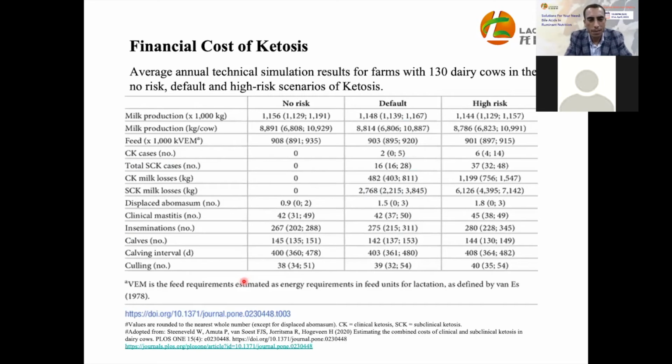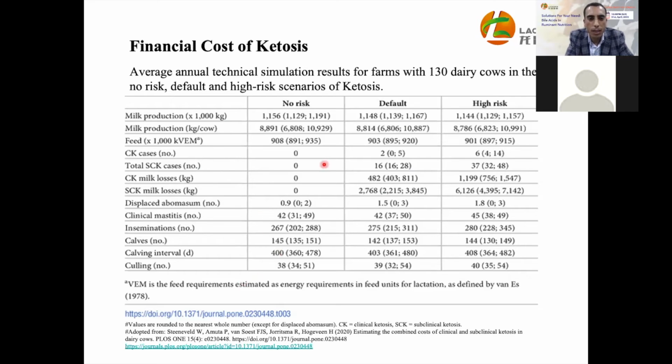Here, this is a study conducted 2 years ago at Utrecht University in the Netherlands. In this study, they made a simulation and tried to calculate how much money dairy farm producers lose when the cow has ketosis, in two cases, clinical and subclinical ketosis. In addition, they also calculated some losses for different parameters as well.